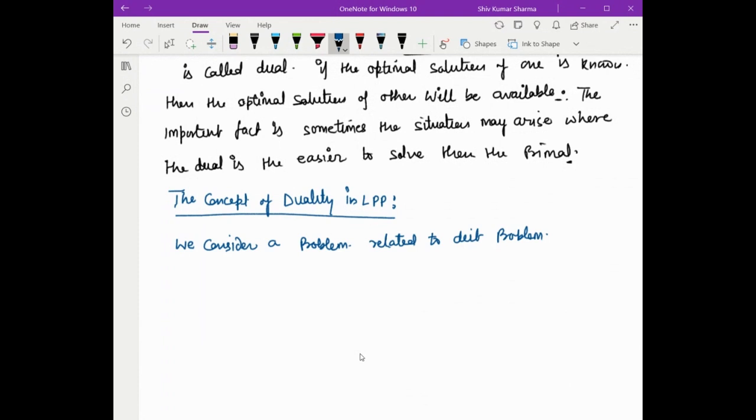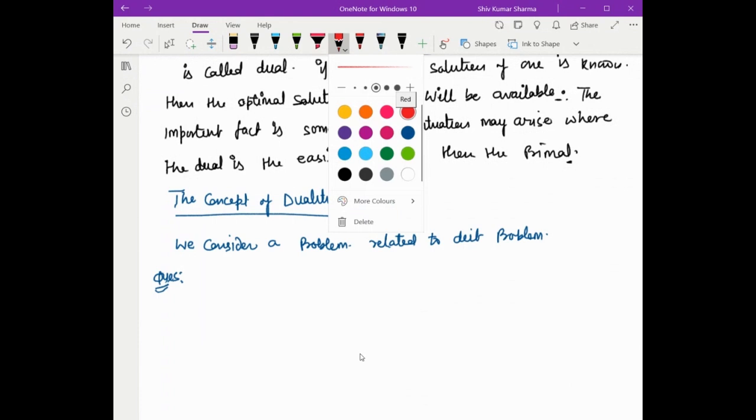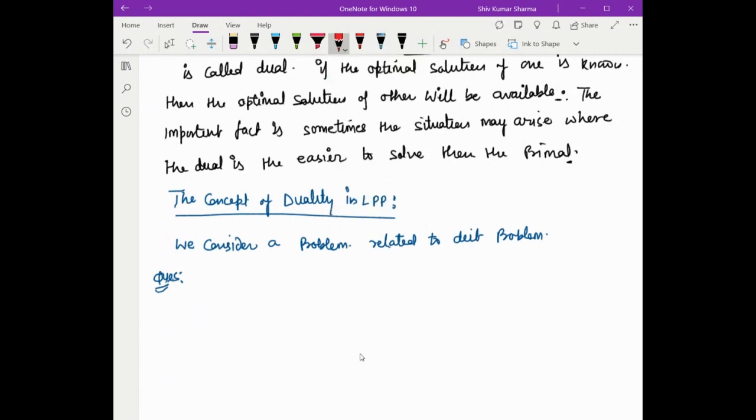Regularly we take a diet. The amounts of two vitamins, V1 and V2, per unit are present in two different foods.